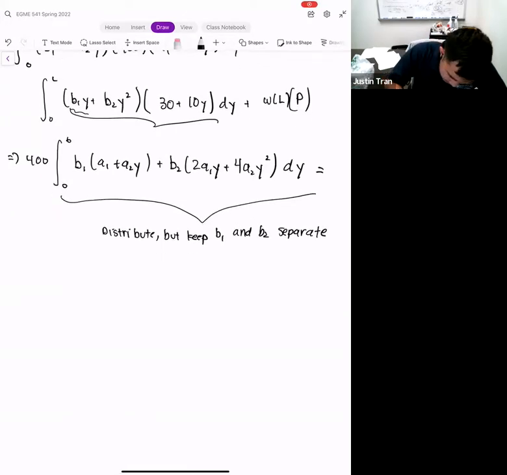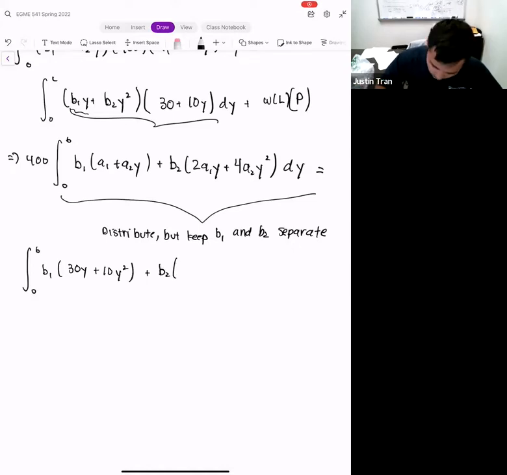So this is equal to the integral from 0 to 6 of B1 times 30y plus 10y squared, plus B2 times 30y squared plus 10y cubed, dy. Same thing there.